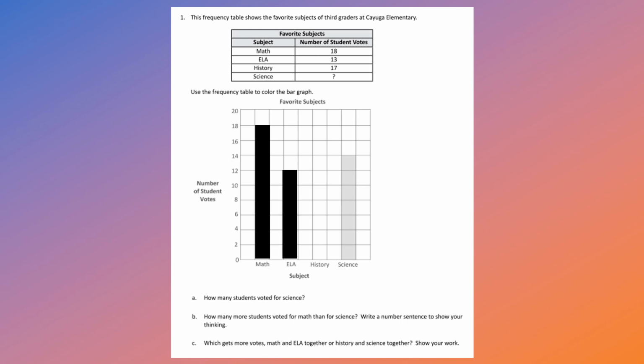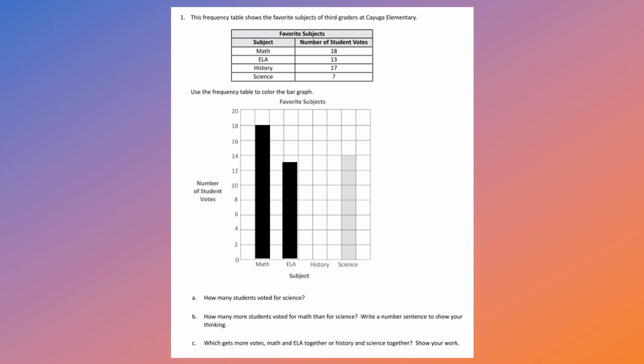Now, if you look at it, in between 12 and 14, if you're counting, is the number 13, right? So halfway between 12 and 14 would be the number 13. So all you do is just shade up a little bit more. There you go. And you'll have 13 right there. See, halfway between 12 and 14 is 13. 12, 13, 14. So it's like an invisible number, but you know it's there.